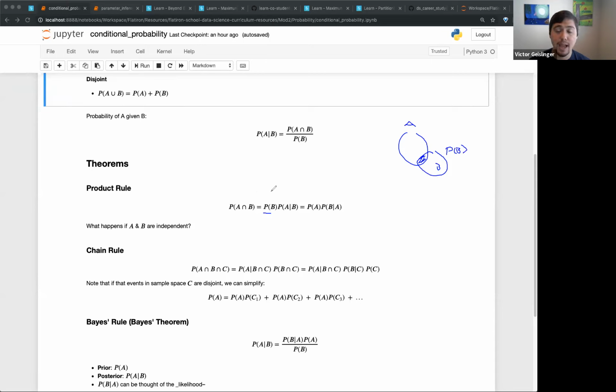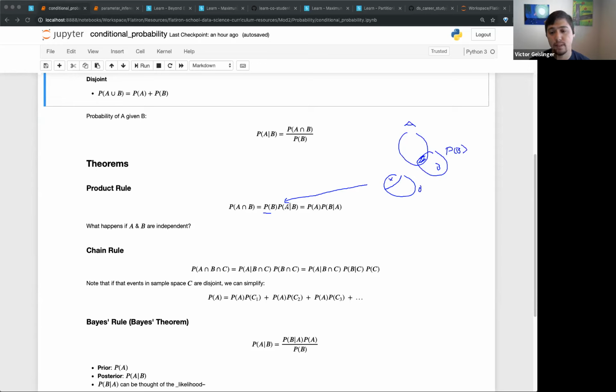So basically it's saying, how likely is B to happen first? And then how likely is A to happen given B? You can think of this probability right here, A given B, as saying of this total part of B, how often does this happen?